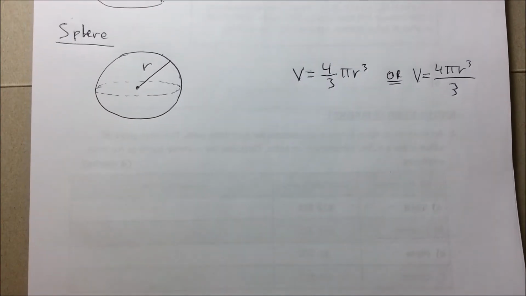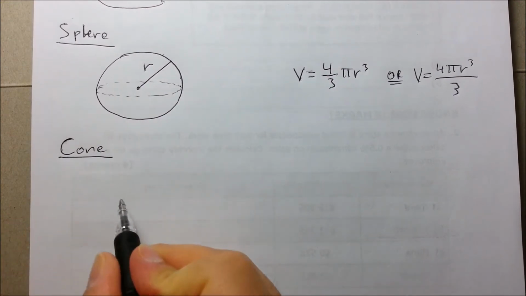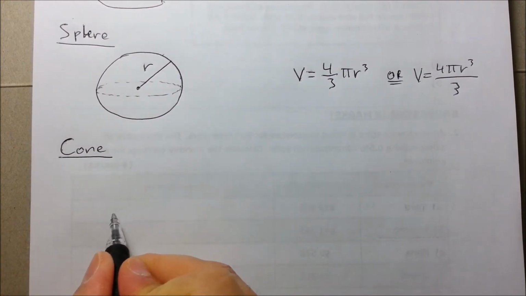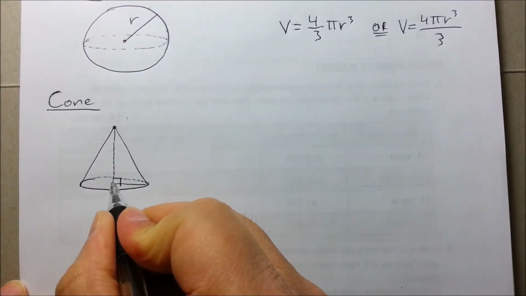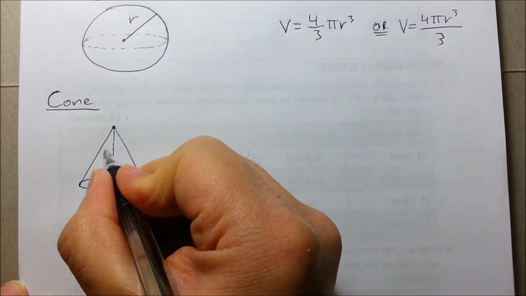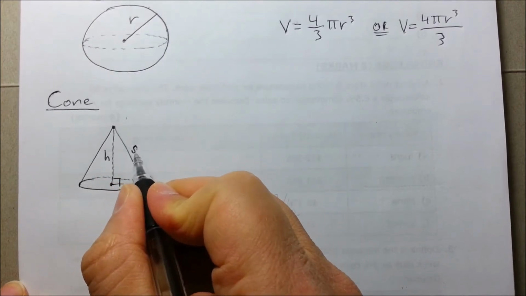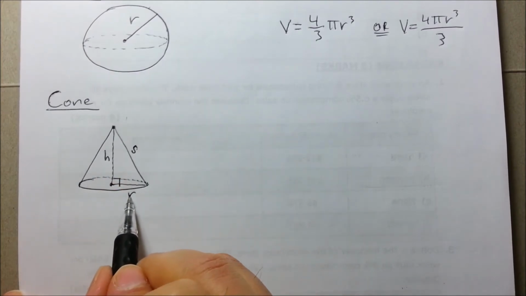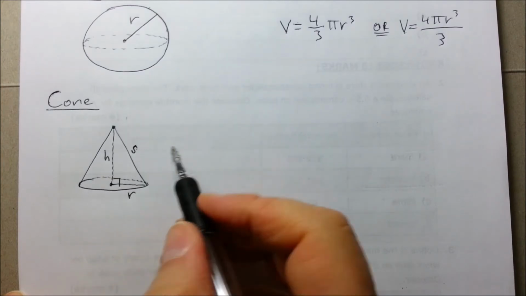Let's take a look at our next shape, the cone. Once again, I draw my base here. From there to there we have the radius, and here's the height, and S stands for the slant height. So R is the radius, H is the height, and S is the slant height.